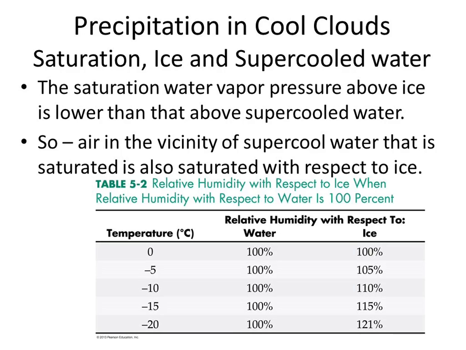So we have a couple of columns. Here we have how the cloud is going to be saturated with regard to liquid water. Okay, just say it's saturated. Over here we have, what about ice? What about your snowflake? We'll see that at conditions that are only saturated with liquid water, it's what we call supersaturated with respect to solid water.